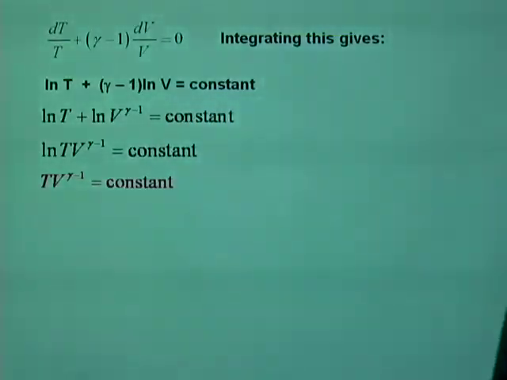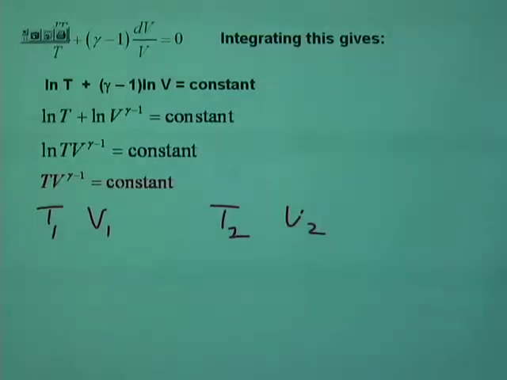What does it mean? It means if T1 is the temperature in state 1 and V1 is the volume, and the state changes to T2, V2, it means T1 V1 to the power of gamma minus 1 equals T2 V2 to the power of gamma minus 1.